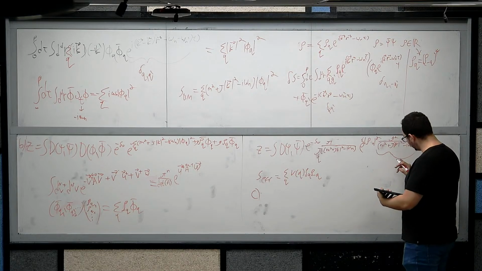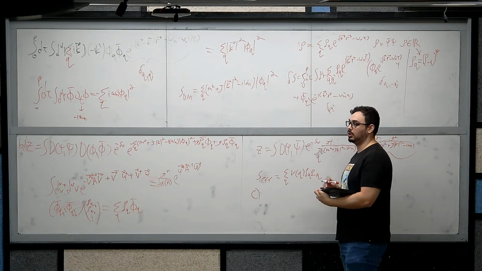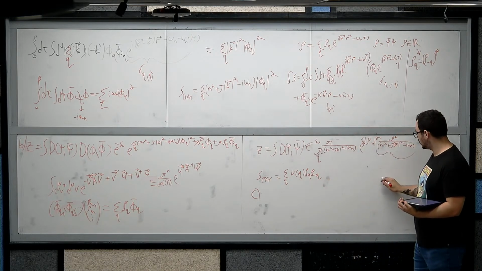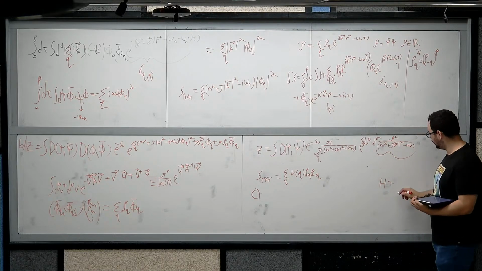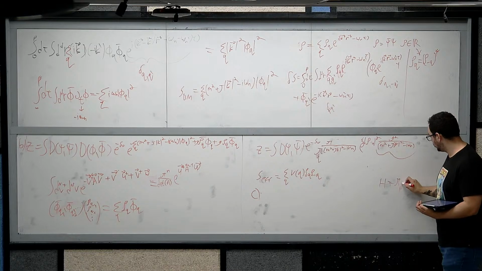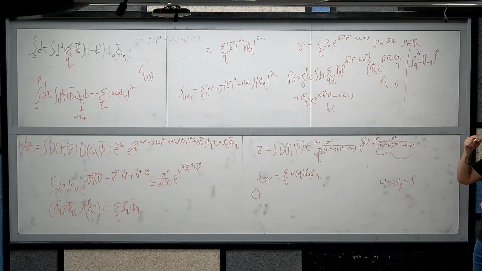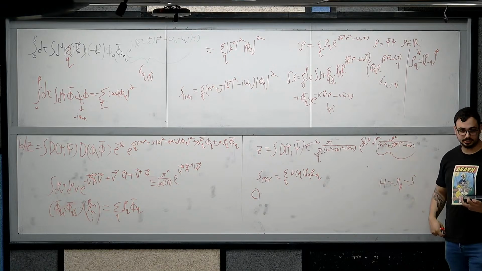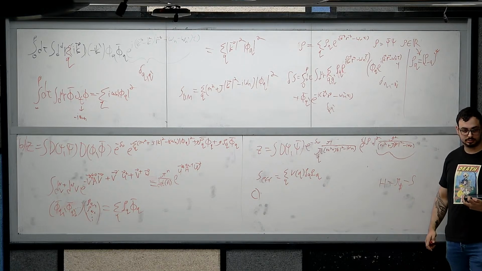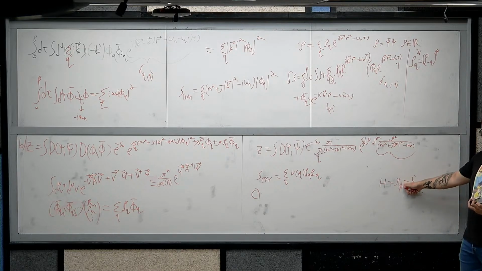This term is negative. No, because H is equal to pi rho minus S. So in the Hamiltonian there will be another minus here. But they say it's an attraction, and if it's an attraction it must be negative, technically. The minus comes from here.